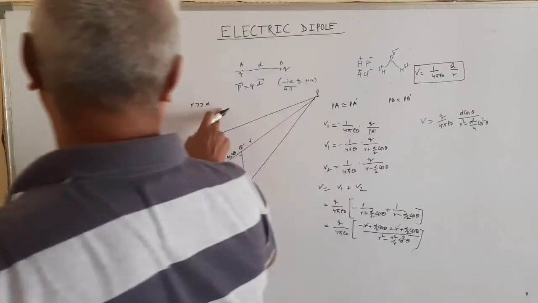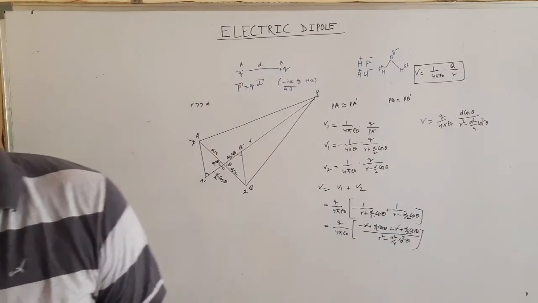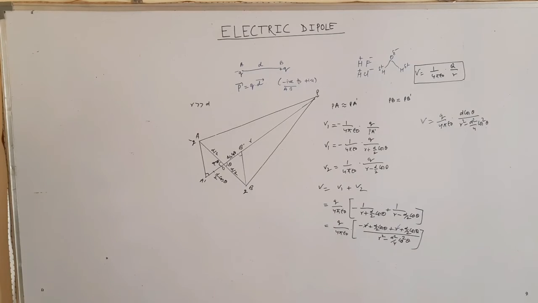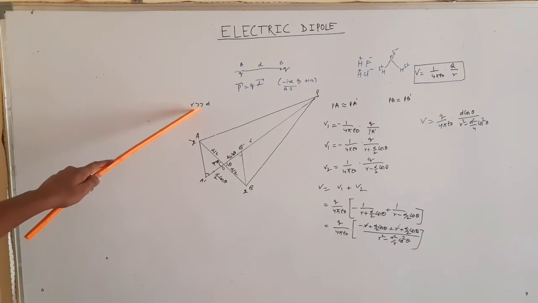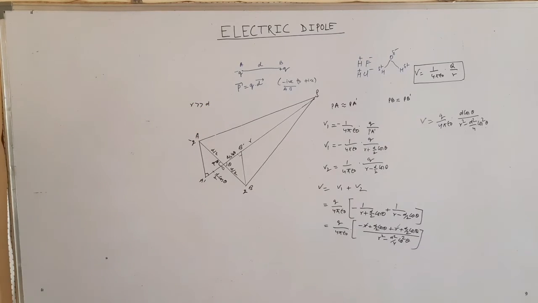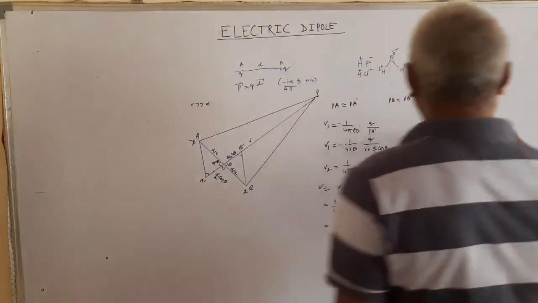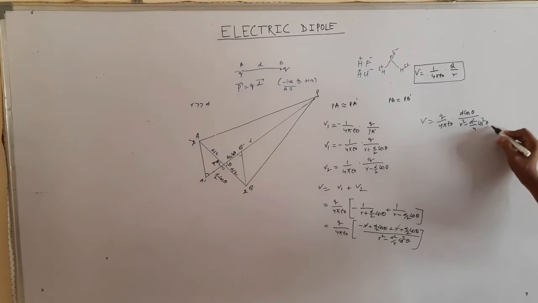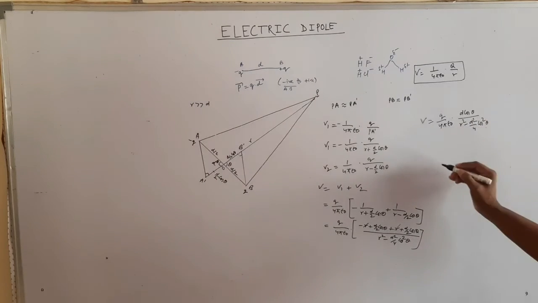Now if you just pay attention to this, you will find that this R is much greater than this d, so R square will also be much more than d square. So what you conclude is that you can ignore this part, because this part is too small compared to R square.